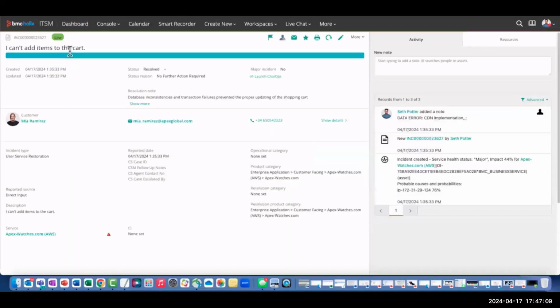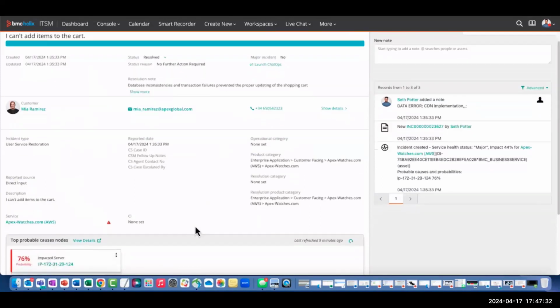So if we go into the ticket, in this case, what we can see is the description of the problem, who is assigned, and all the regular stuff you would see in a ticketing system. But in addition, you can see that there's an indication here of what the affected service is. So it's apexwatches.com.